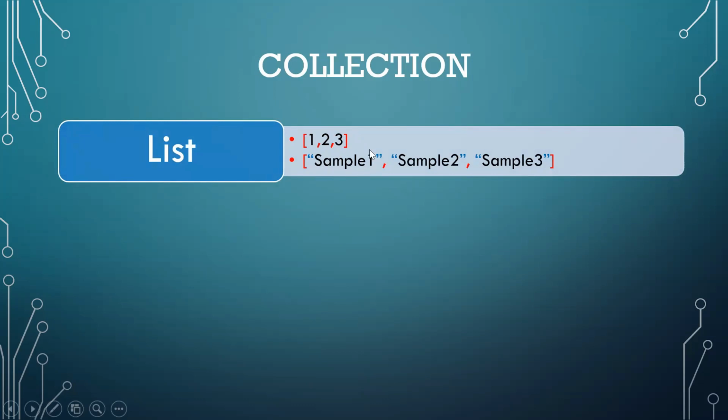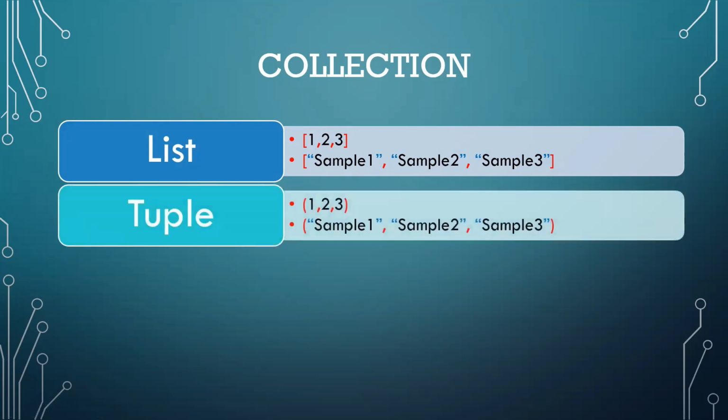It also can be used for strings, but of course you have to put the string or any text between quotations. So the list will be written like this: you open the square brackets, the first index separated by a comma, and also with the strings separated by a comma. Okay, and this is how the list is written.